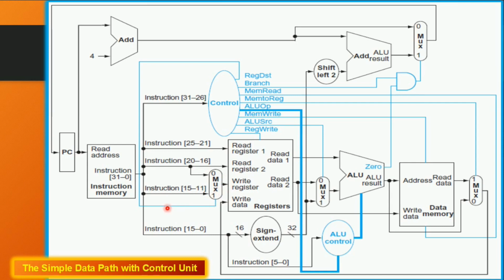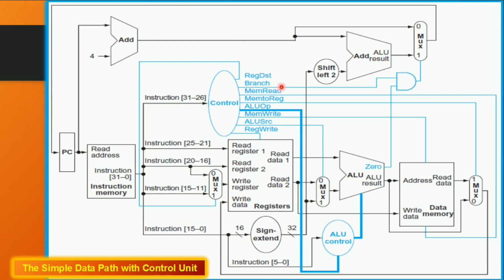For that, this signal should be logic 1. So if I want to select RD, the RegDst should be asserted. If I want to consider RT as my destination register, in case of a load word instruction, at that time I have to deassert the RegDst signal.